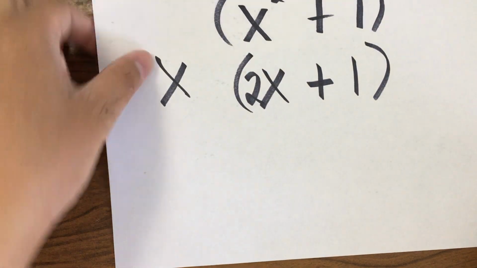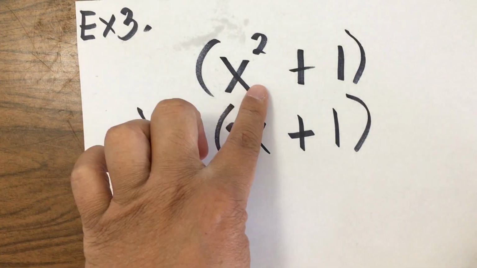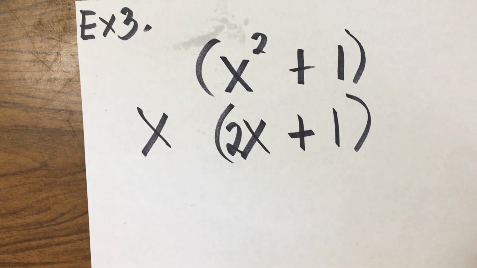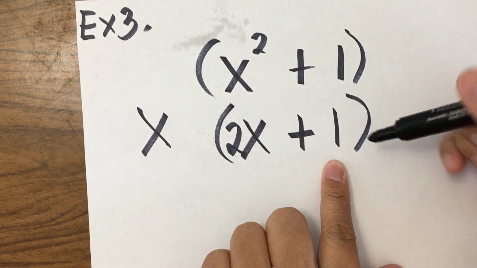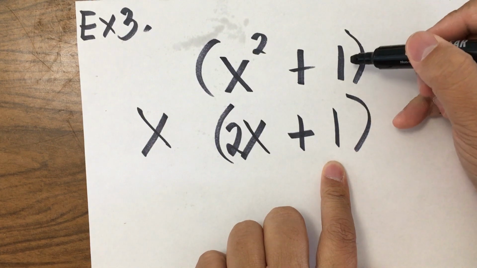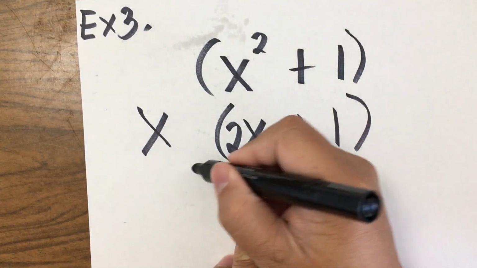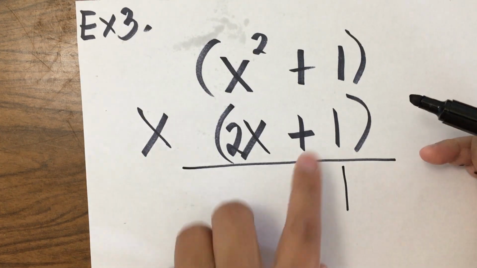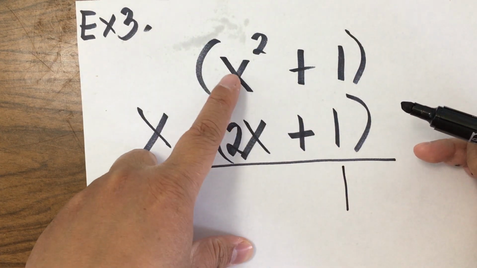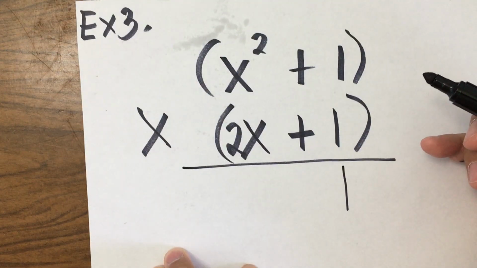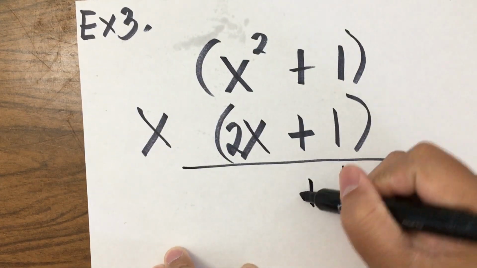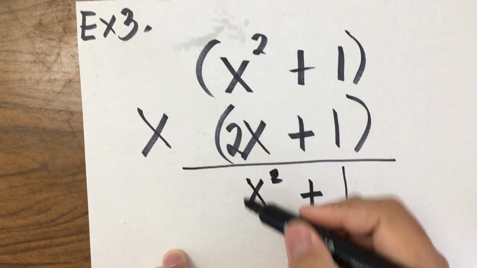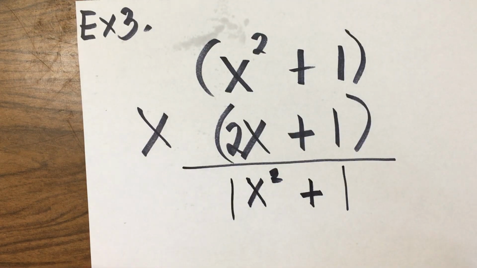So in our last example, we have x squared plus 1 times 2x plus 1. So we start again with the number 1. So 1 times 1 is 1, right? You just draw a line in here, 1. Okay, and then 1 times x squared, again this is going to be a positive, is x squared. So you could always write 1 so you won't be confused.